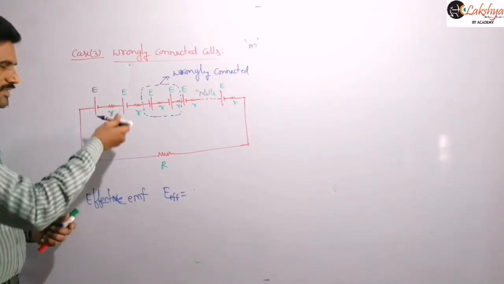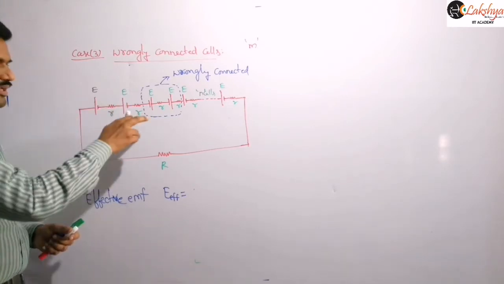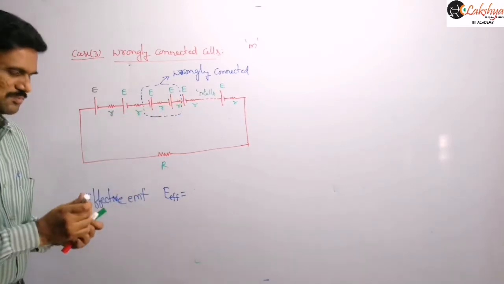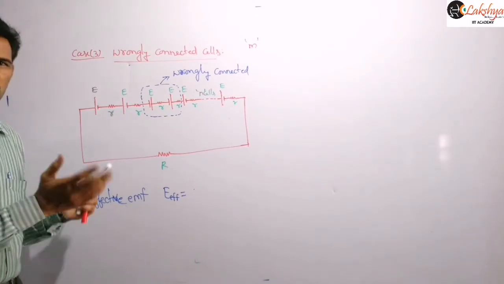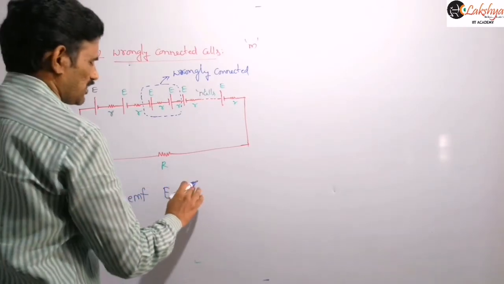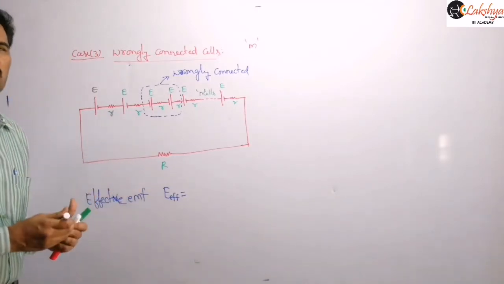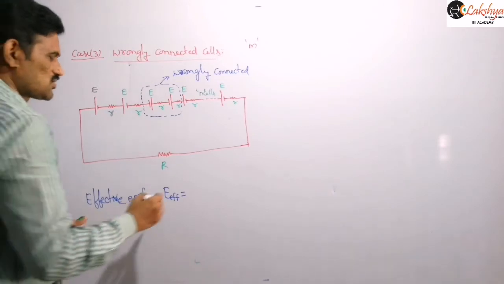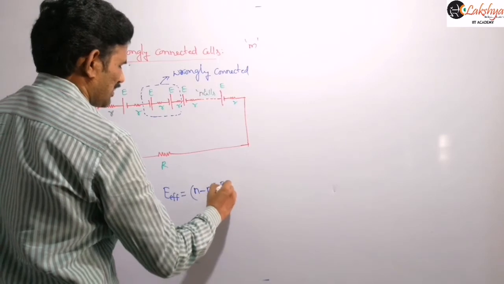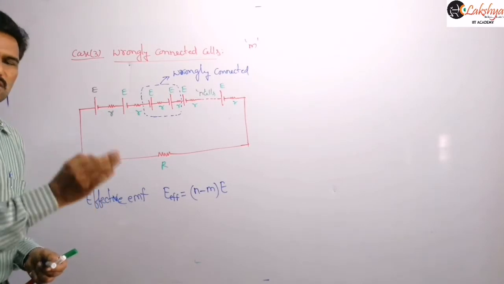If these two cells are connected correctly, they try to send the current in this direction, but cells connected wrongly will try to send the current in the opposite direction. So the EMF of the correctly connected cells, which are n minus m, minus the EMF of the m wrongly connected cells.